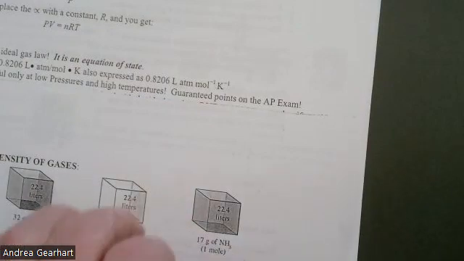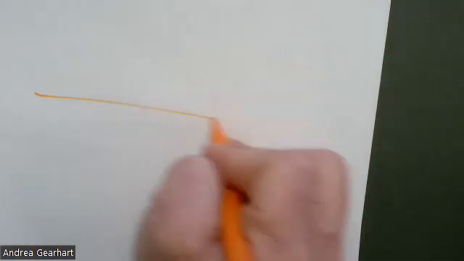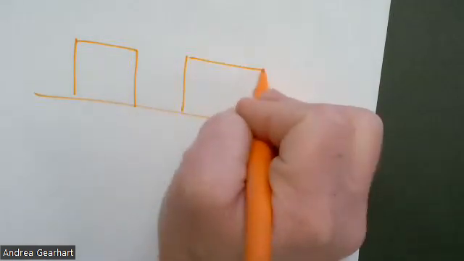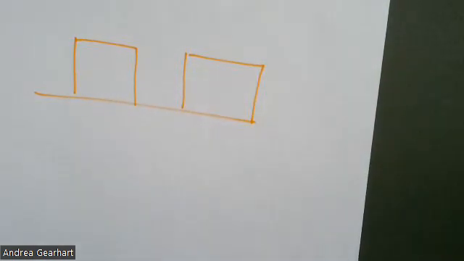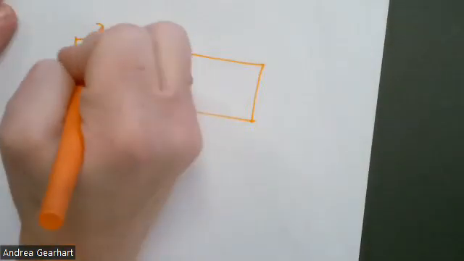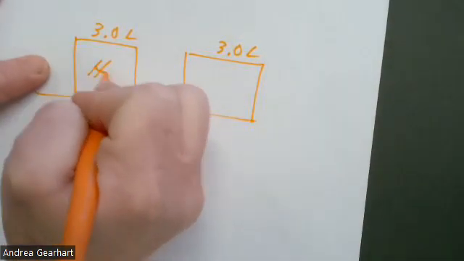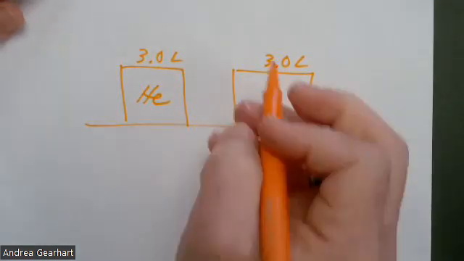So let's say, sir, that on your lab bench we have two containers, same volume, 3 liters. This contains helium, and this contains, let's say, argon.